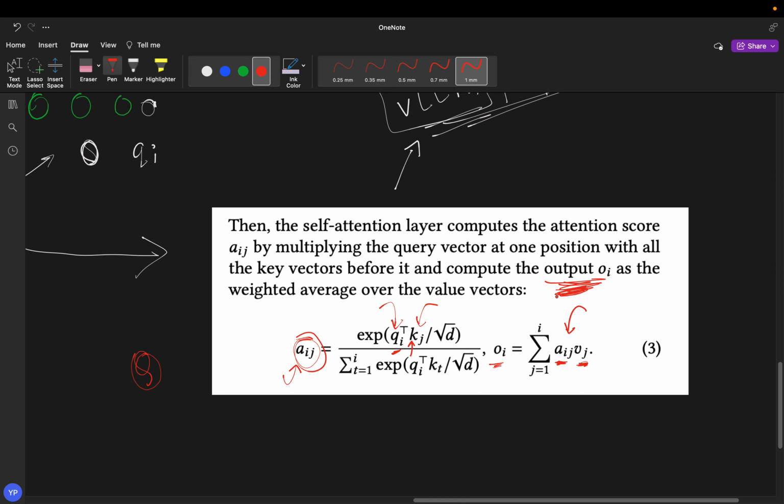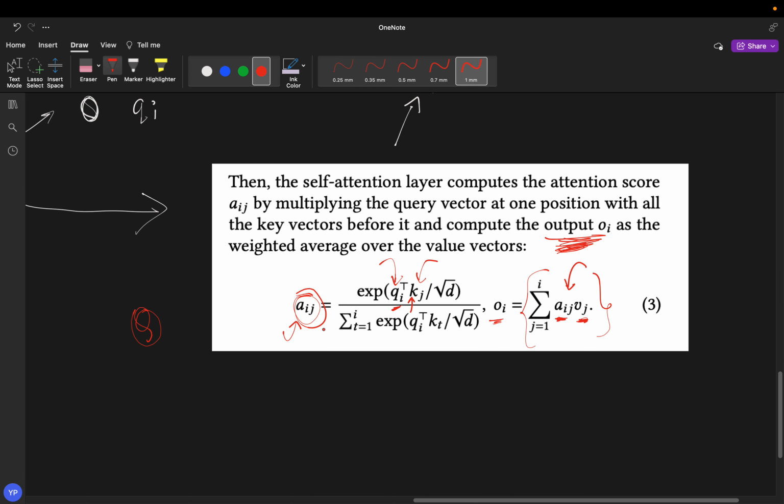The output Oi is this whole summation, and you compute the attention score for ij as this value.